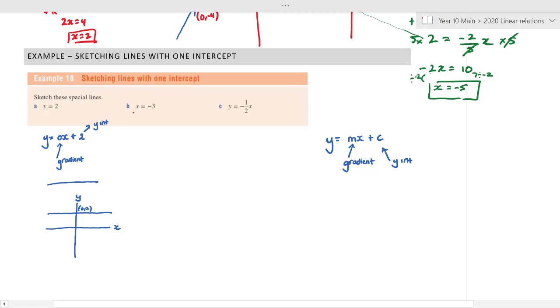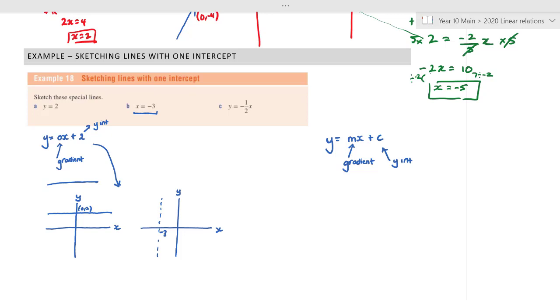Now, when it's x equals minus 3, though, we can't really apply it over here because we don't have a y equals mx plus c. But what we could do is simply say that all the values of x are minus 3. So, for example, there's x equals minus 3.